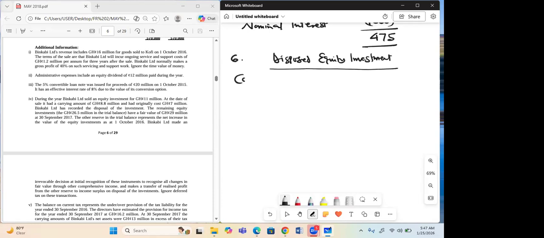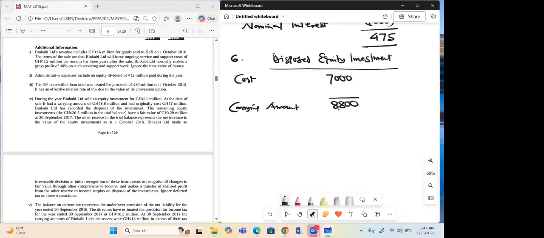They said it originally cost 7 million, but at the time they sold it, the carrying amount was 8.8 million. Meaning that previously it had gotten some gain already, right? Yes.